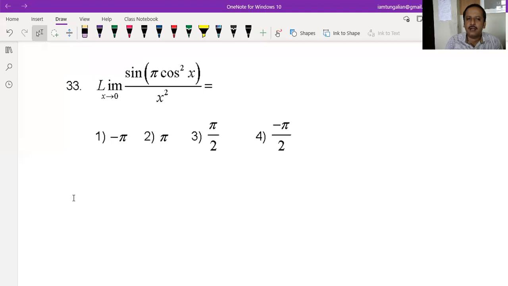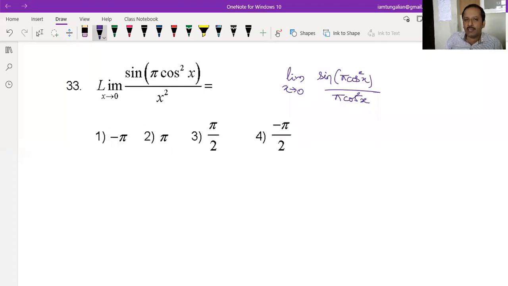Now, for this problem, suppose I write like this, sin pi cos square x by pi cos square x.